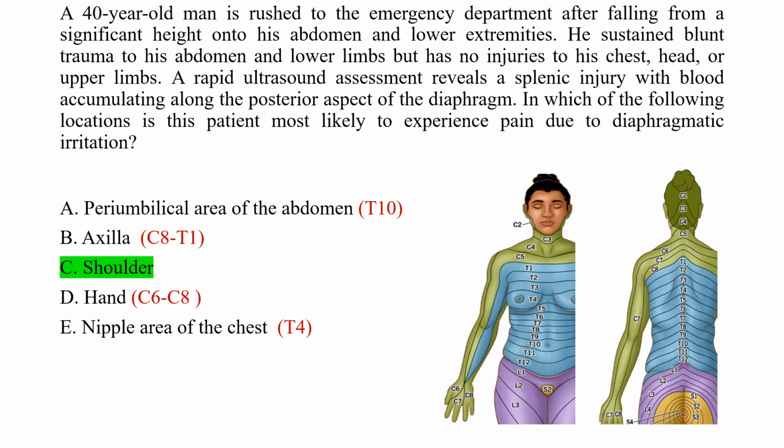And option D is incorrect because the hand is innervated by the C6 to C8 dermatomes. And option E is incorrect because the area of the chest at the level of the nipple corresponds to the T4 dermatome.